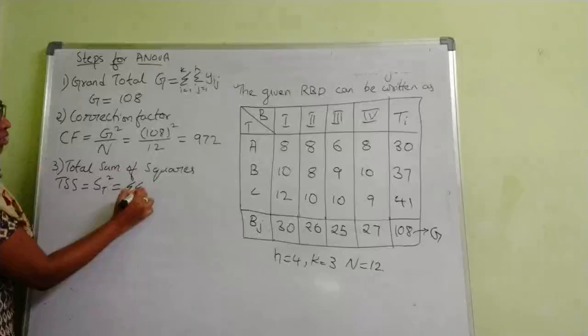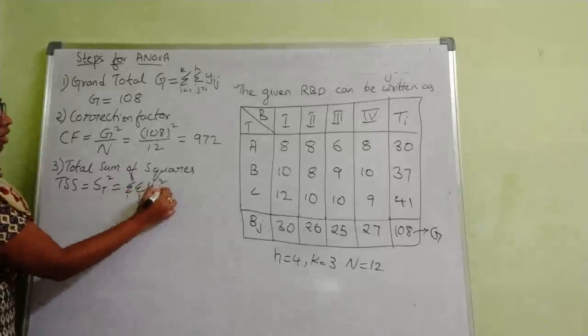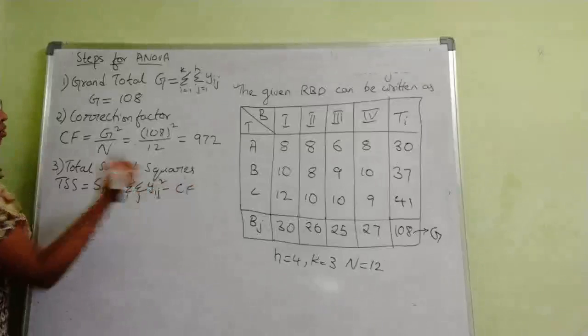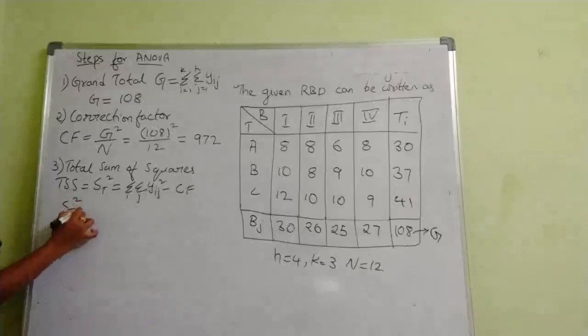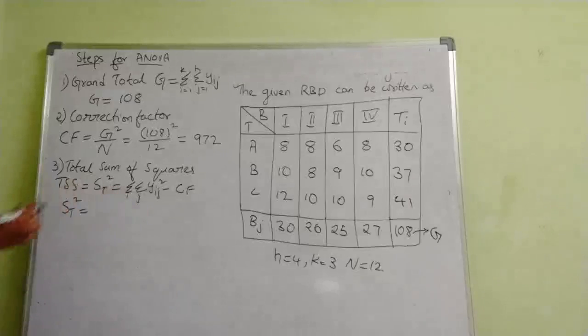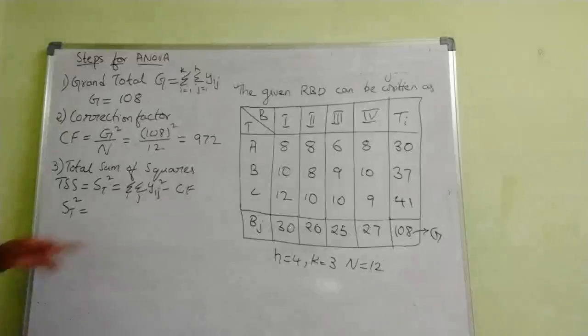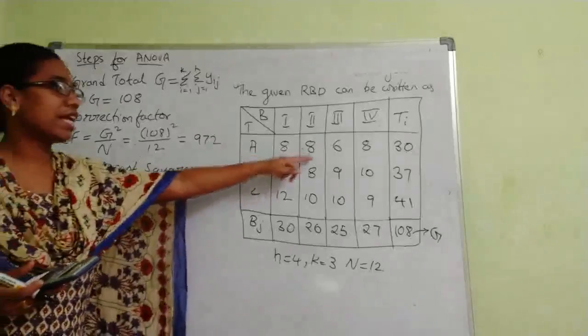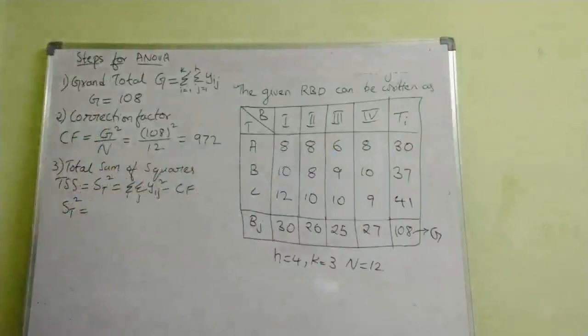Raw sum of squares means double summation Yij square minus correction factor. So here, what is Yij square? You will add up all the square values, that is 8 square, 8 square plus 6 square plus 8 square plus 10 square, 8 square up to the last value 9 square.